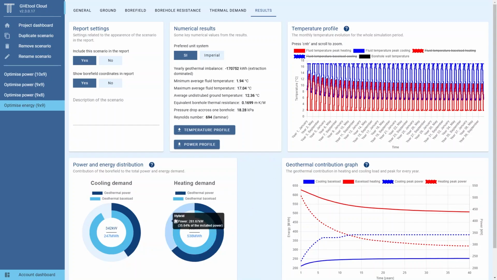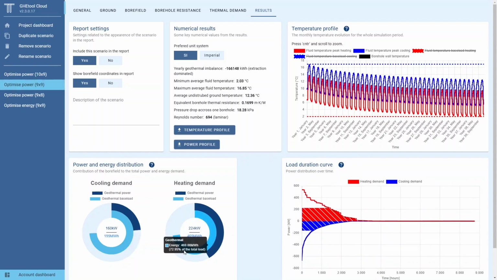So with the same bore field as before, we now get up to 83.6% of the energy demand in heating and 92% of the energy demand in cooling. So if you compare it again to our optimized power, there it was only 73% and 74%.